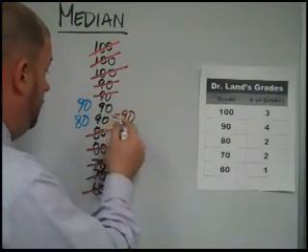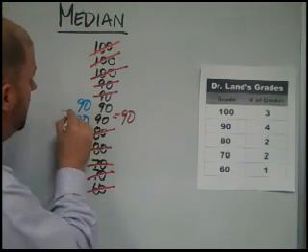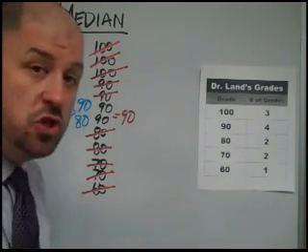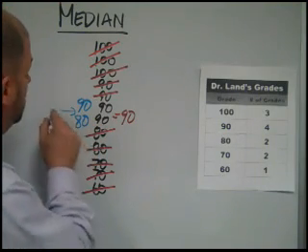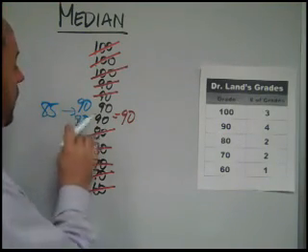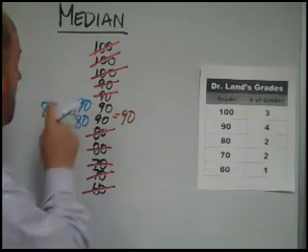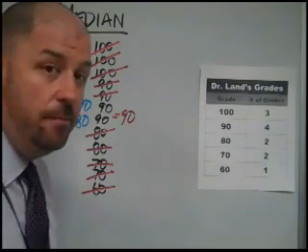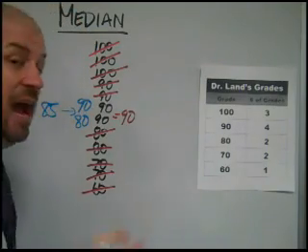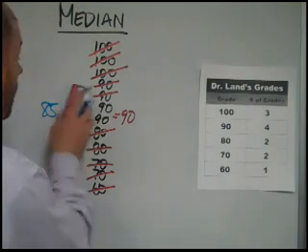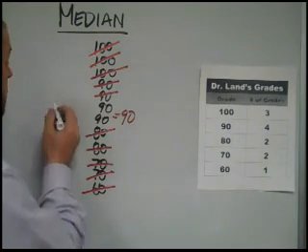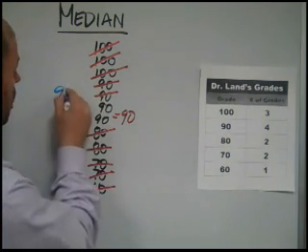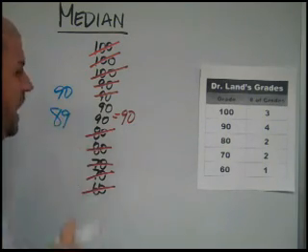Well, they're not the same, so I've got to figure out what's the middle of those 2 numbers. Well, that one's pretty easy. We know that the middle is 85. So if my numbers were like that, my median would be 85. Okay? Now, I have seen problems where it looks like the 2 middle numbers are 90 and 89.